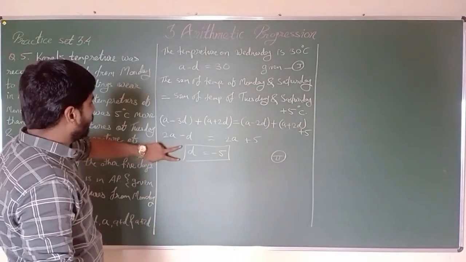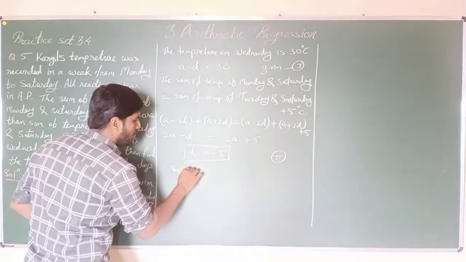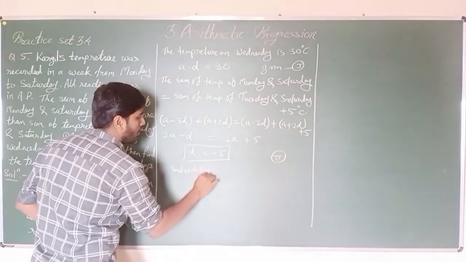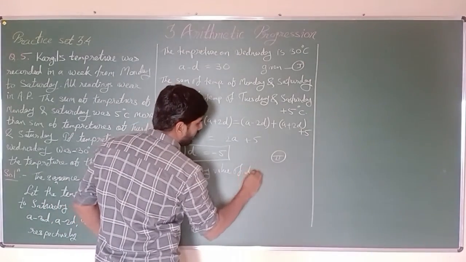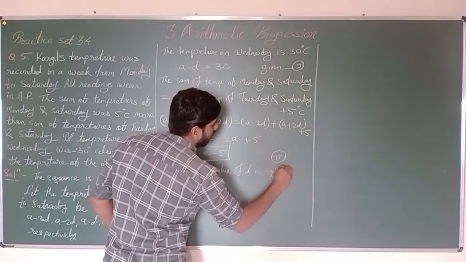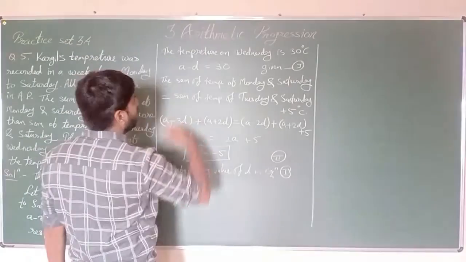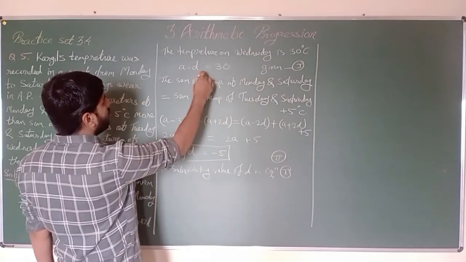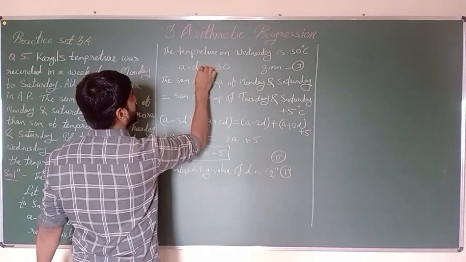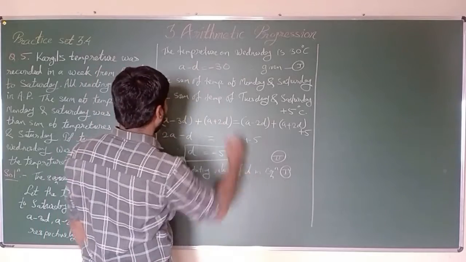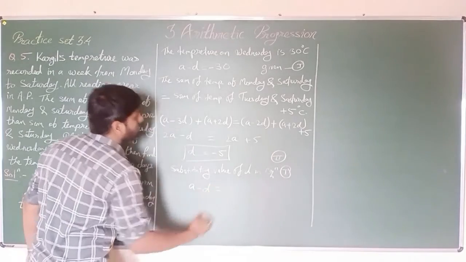Now we will substitute this value of d in equation 1. Actually this temperature is negative 30. So the first equation is a minus d is equal to negative 30.